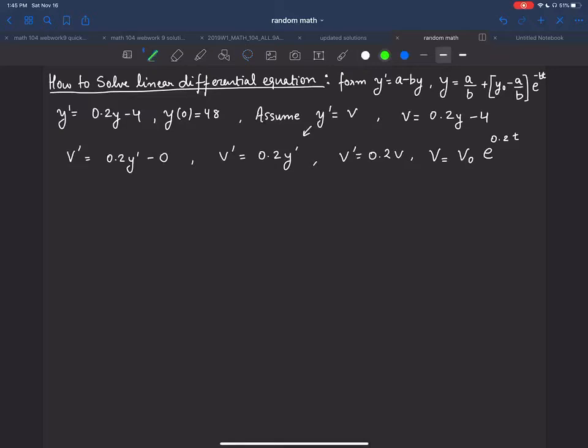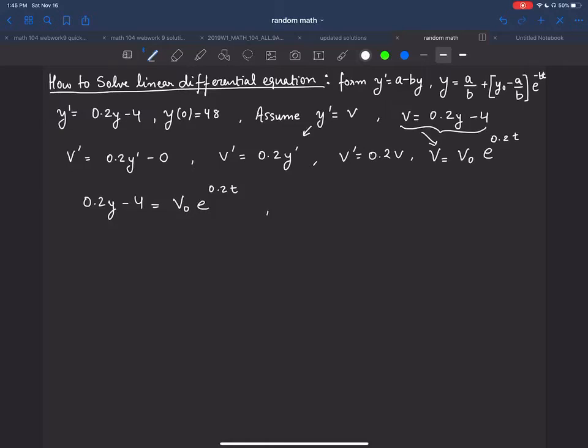So the work here again is that when you have the solution, you want your equation to be in terms of y. You know the v that you chose is just that expression, so you can plug it in there and see what it becomes. Now you have 0.2y minus 4 equals some initial value of v times e to the power 0.2t. So what's going to be the initial value of v?